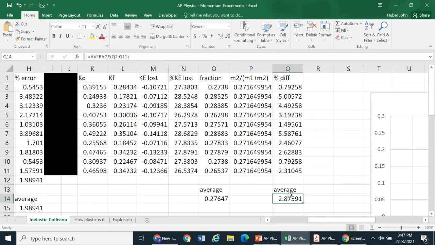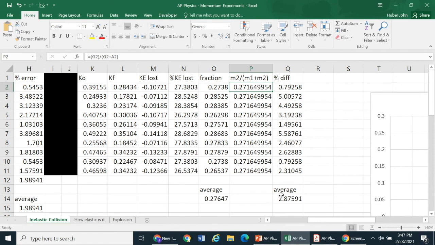The fraction of kinetic energy lost in the collision only has to do with the masses and not with the velocity of an object. Specifically, it's how the mass of the stationary object compares to the sum of both of the masses. And that is pretty cool.